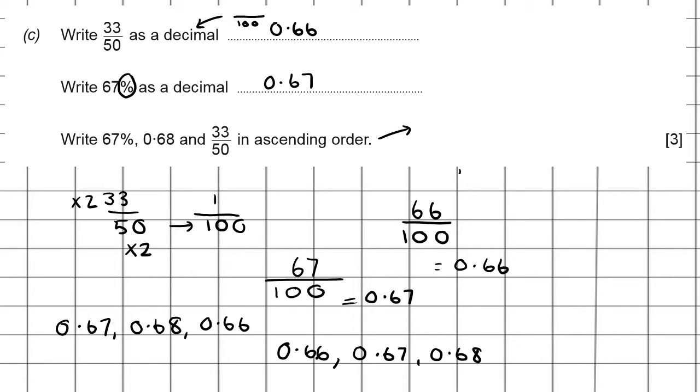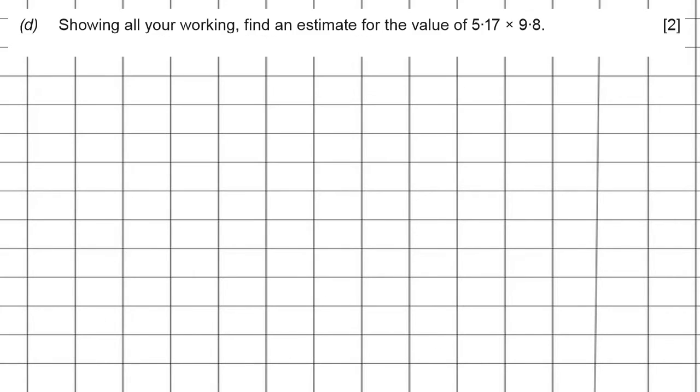So 0.66 was 33 over 50, so that's the smallest. Next one was 0.67, so that was 67%. Then the other one was 0.68.